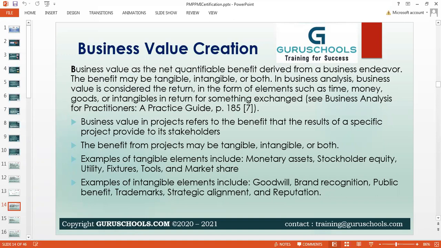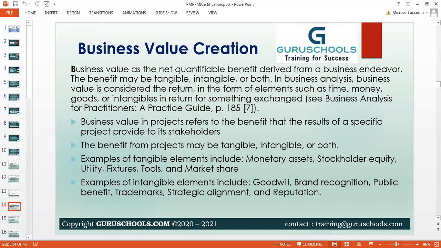Examples of tangible elements include monetary assets, stakeholder equity, utility, features, tools, and market shares. Examples of intangible: goodwill, brand recognition, public benefits, trademarks, strategic alignment, reputation, long-term engagements, and so on and so forth.